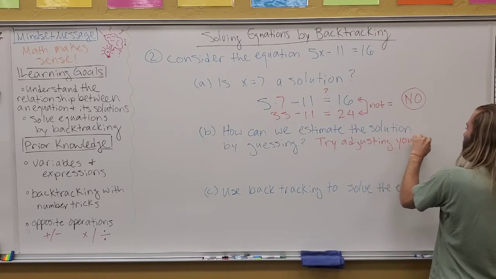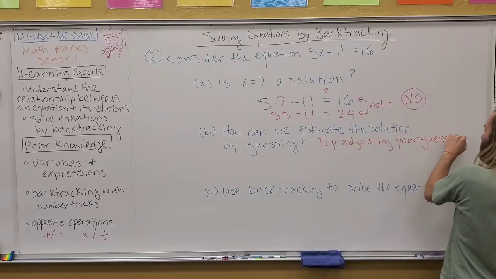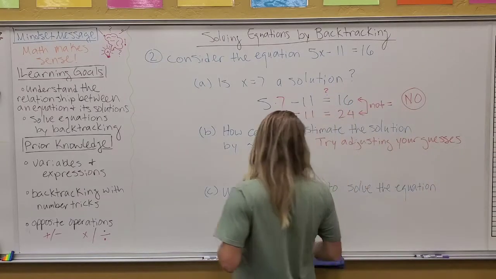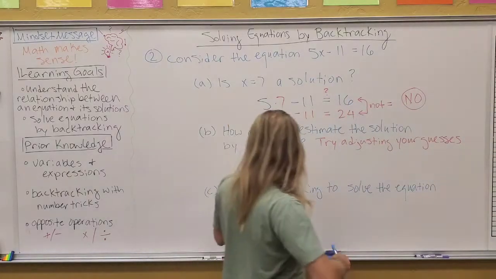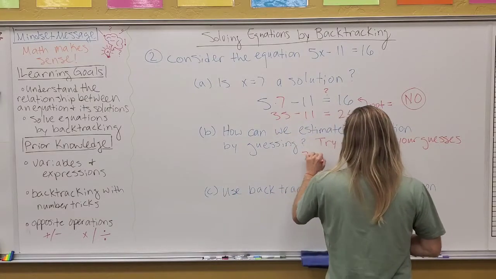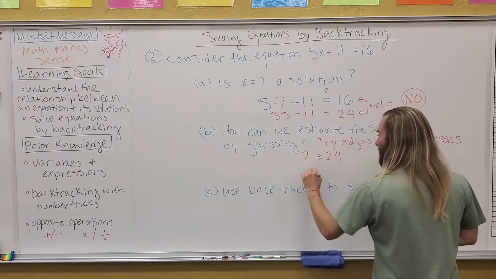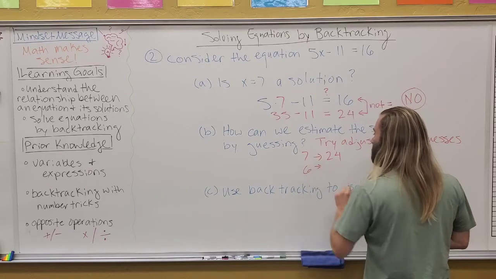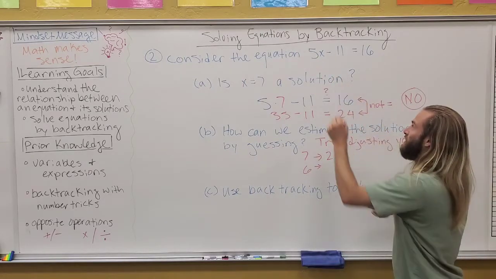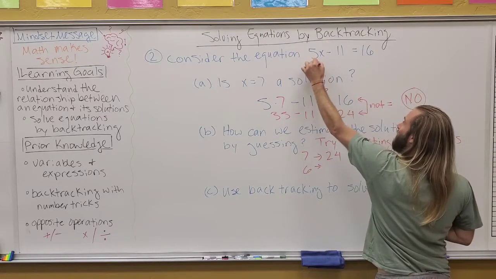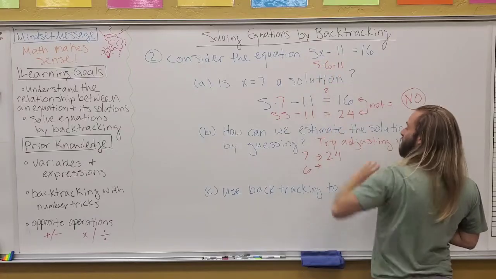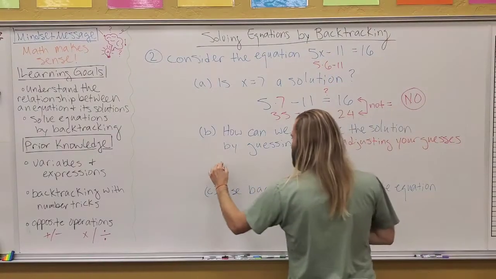Okay, so the answer to start this is try adjusting your guesses. That makes sense? We took one guess and we're going to adjust our guesses. So we know that 7 gave me 24. What if I try 6? If I plug 6 in here, 5 times 6 minus 11 is equal to, I guess maybe I'll do that over here.